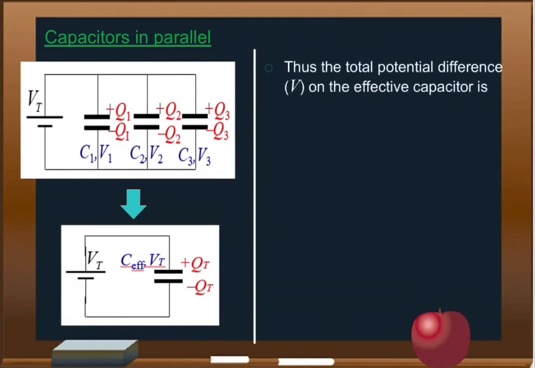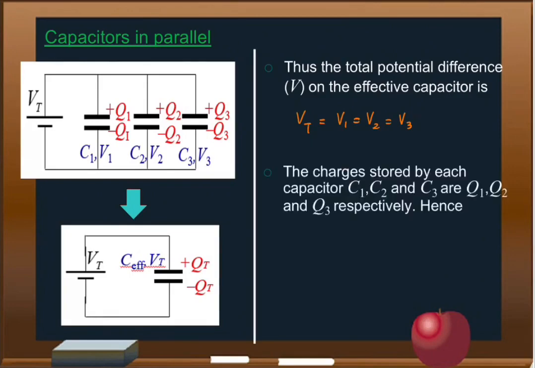Thus, the potential difference V on the effective capacitor can be written as Vt is equal to V1 equal to V2 and equal to V3. The charges stored by each capacitor C1, C2 and C3 are Q1, Q2 and Q3 respectively.